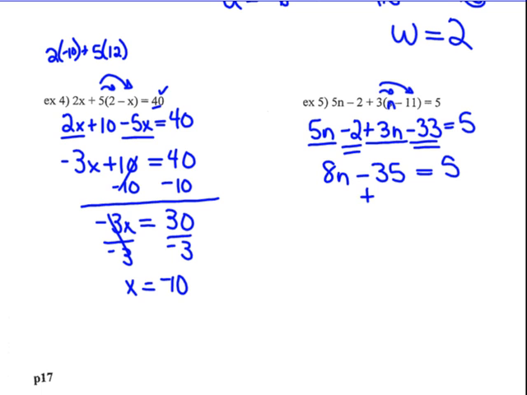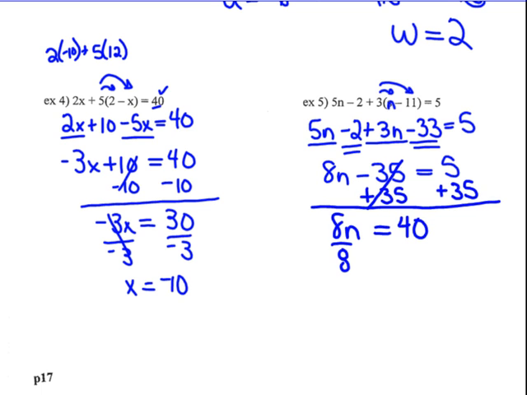I'm going to add 35 first to both sides, showing my positive or plus signs. You've got to show all your symbols. And I get 8n equals 40. Dividing by 8 on both sides, that's the opposite of multiplying by 8 is dividing by 8. I get n is equal to 5. So I believe the answer is 5.